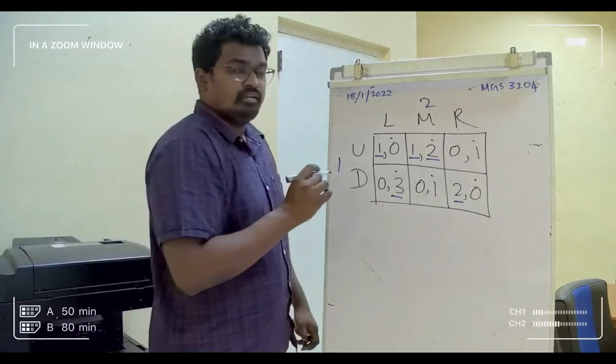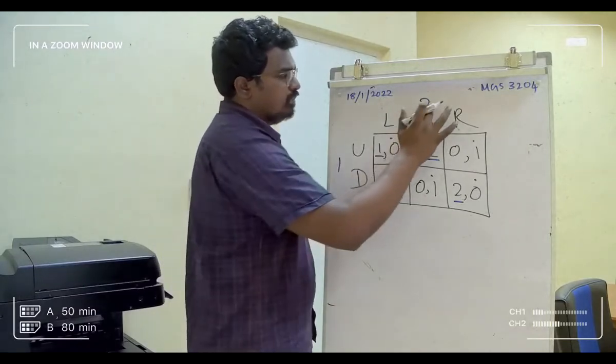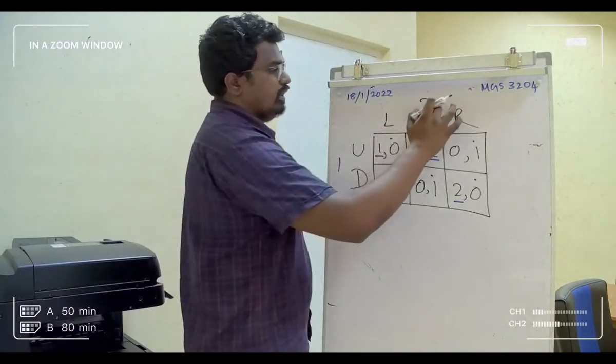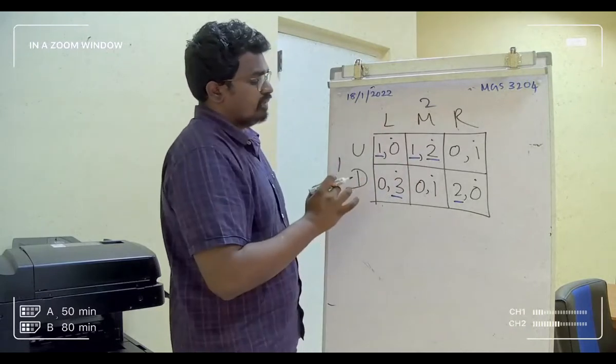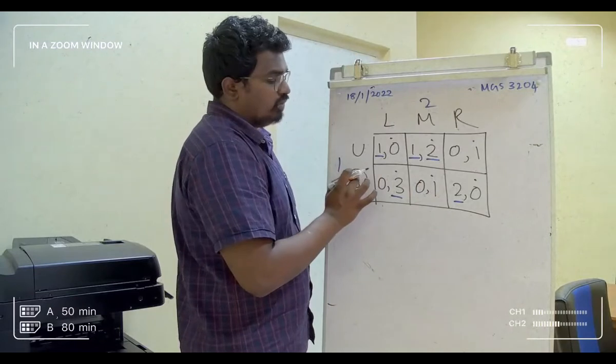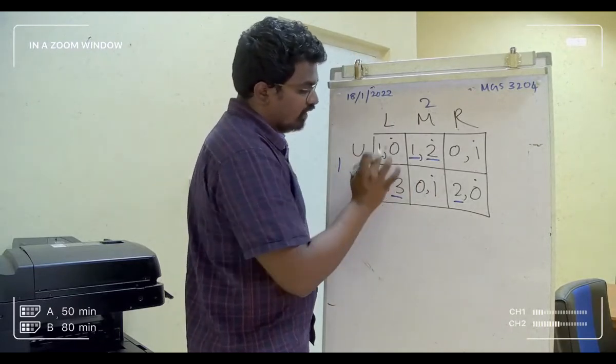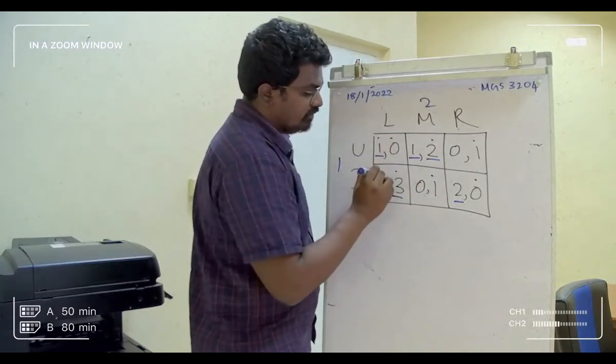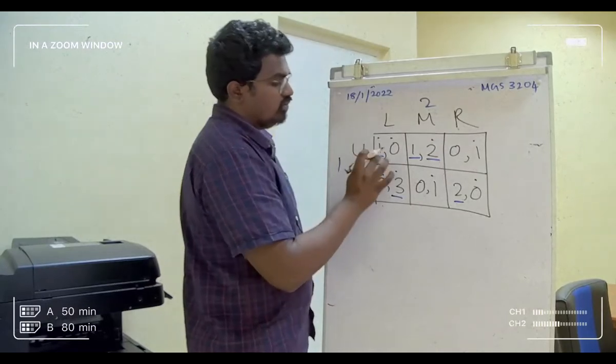So what happened? Now we'll think: if player 2 goes for left, then player 1 will think, okay, I can go either up or down. So I am looking at my outcomes, 1 and 0. This and this, and the best will be this one, so goes for this.